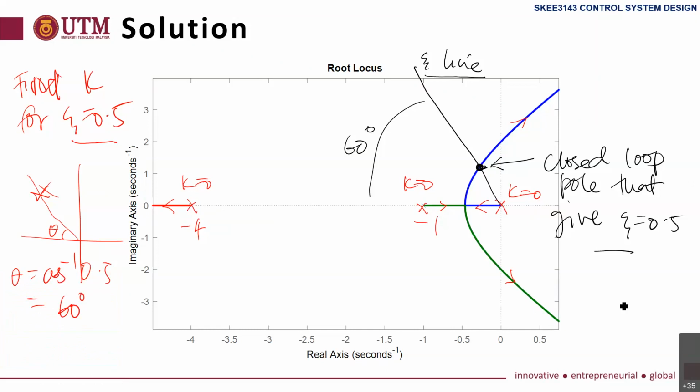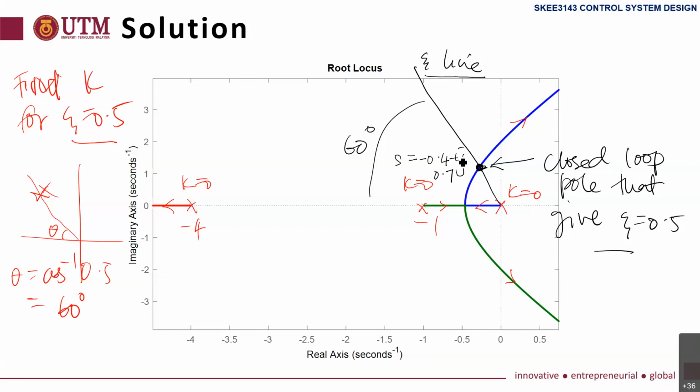Is it 0.4 plus 0.7j? S equal to -0.4 plus j0.7. Connie, you got that from the graph? Yes. Okay, good.